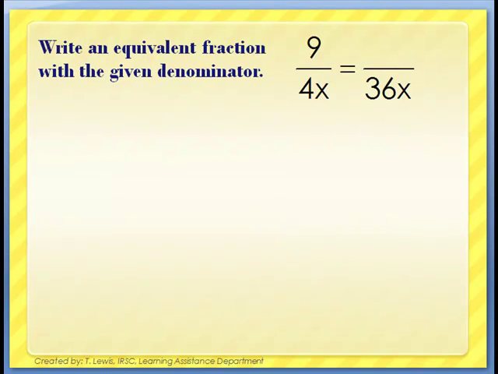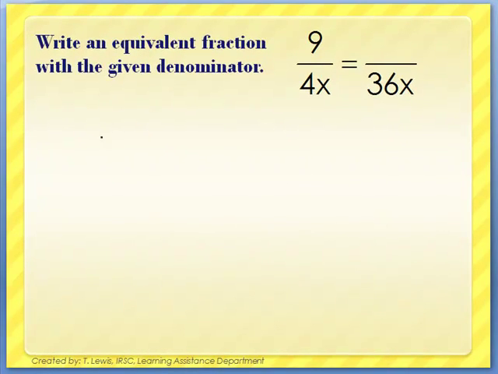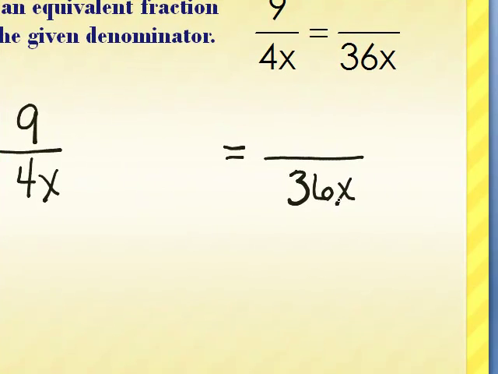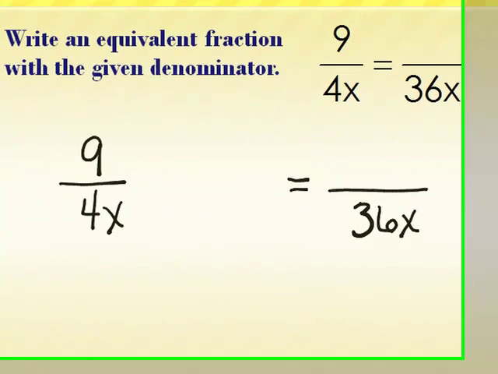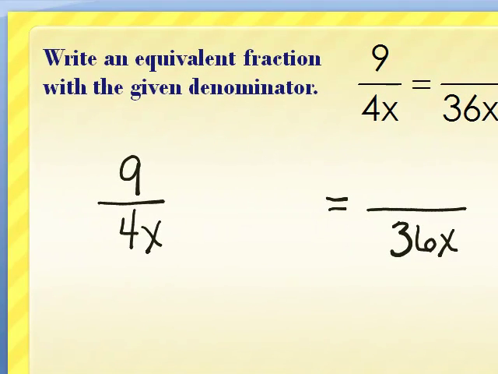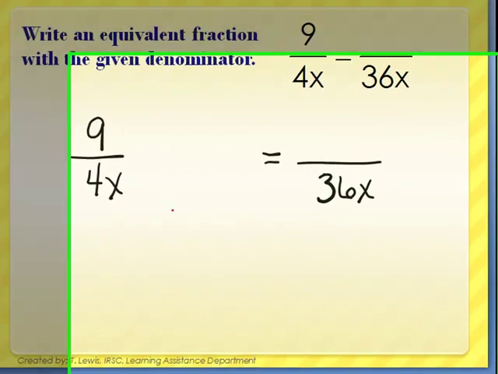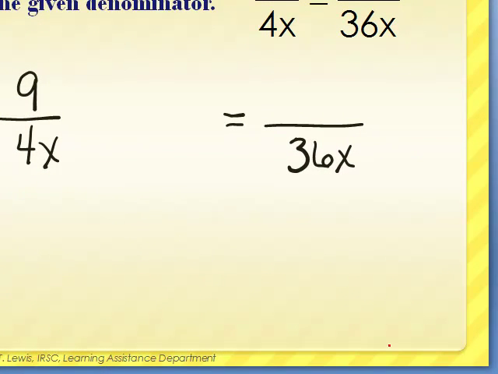We have 9 over 4x, and we want to convert that fraction into having a denominator of 36x. So I like to start from the denominator when I convert. 4x times what would give us 36x? What can we multiply 4x by?